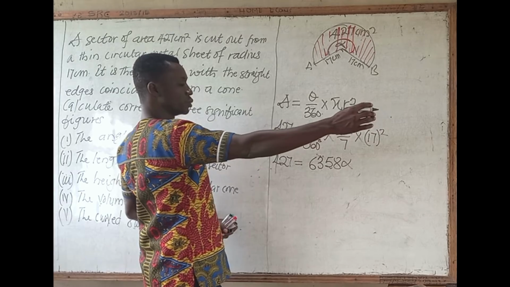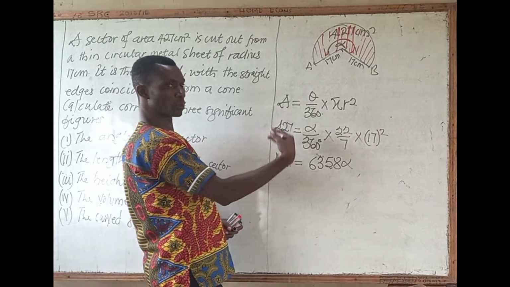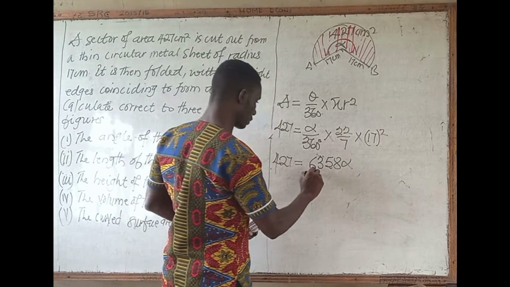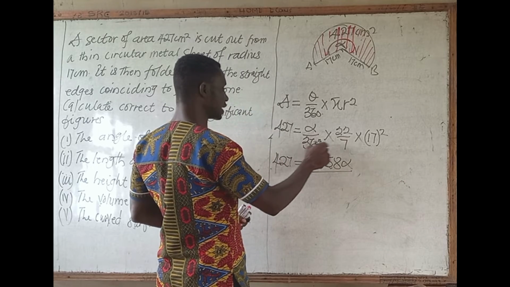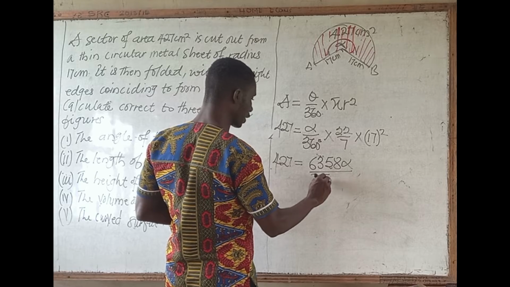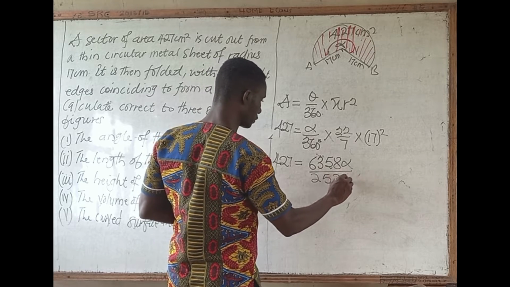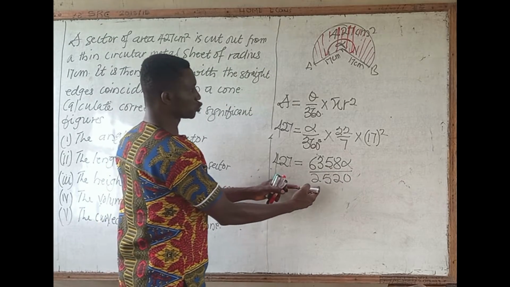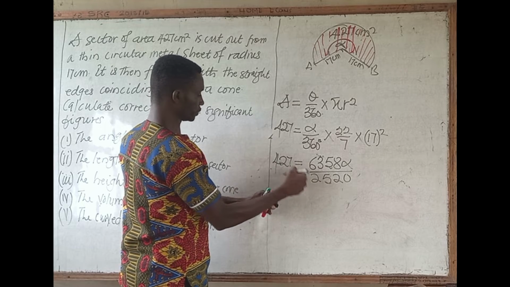You multiply the numerators, divided by the multiplication of the denominators. Now, what we do is cross multiplication.